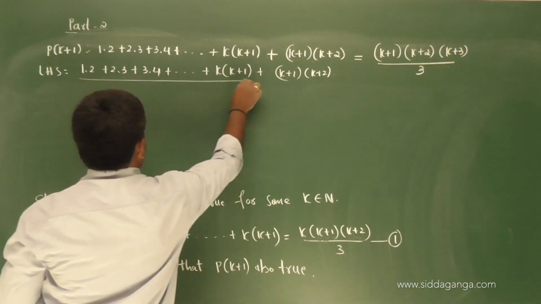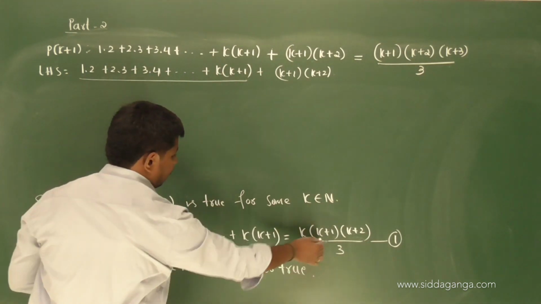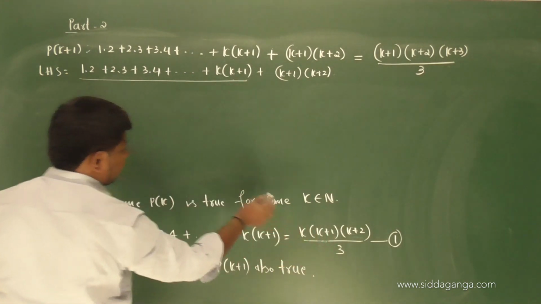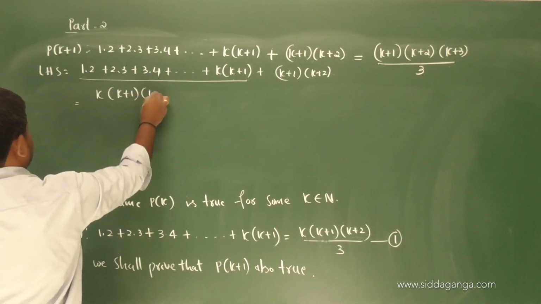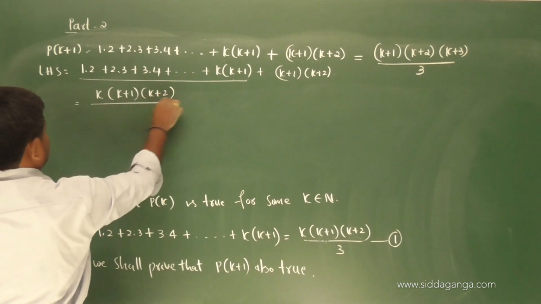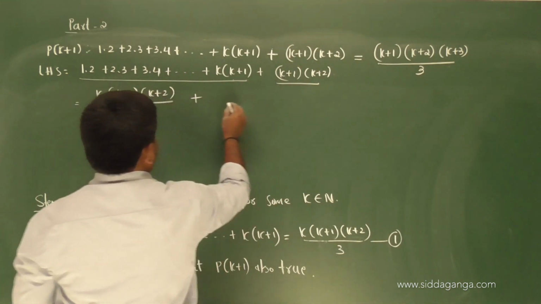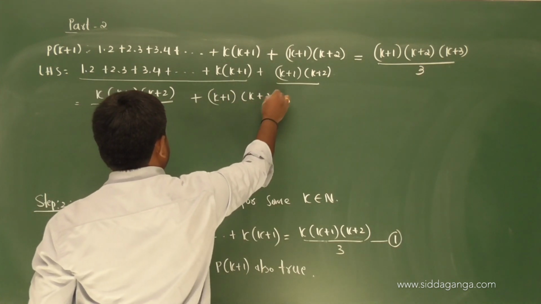So this is what we assume to be true. The result of this we have from equation 1. Yes, from equation 1, this is equal to k into k plus 1 into k plus 2 by 3 plus, write the k plus 1th term, that is k plus 1 into k plus 2.